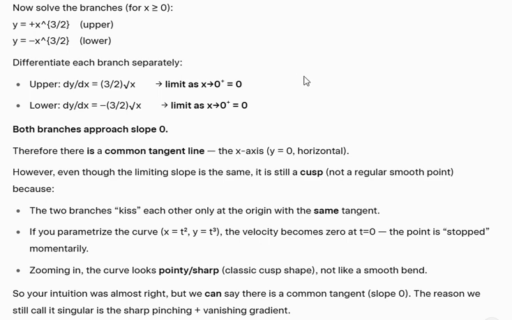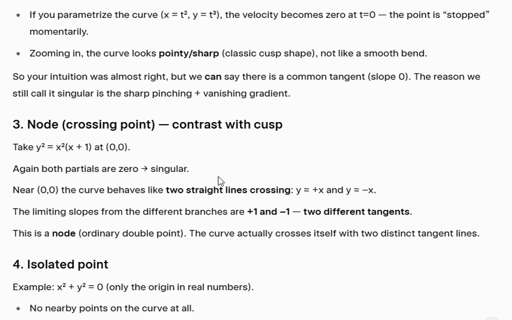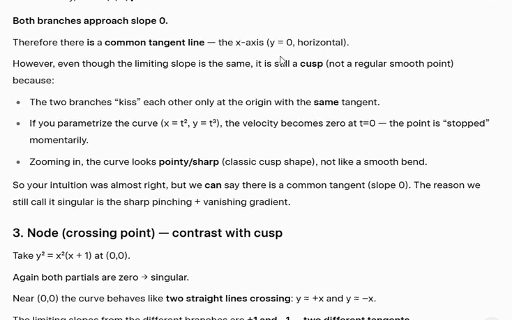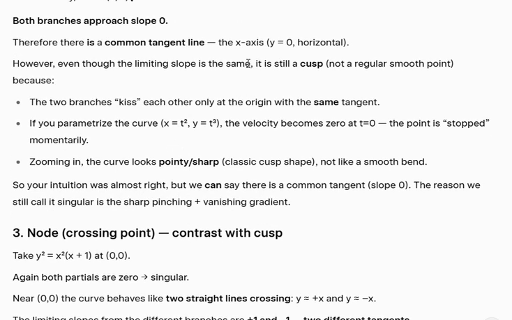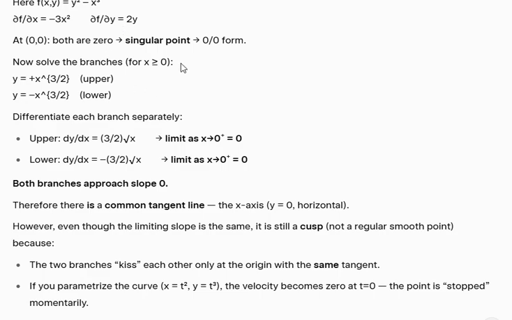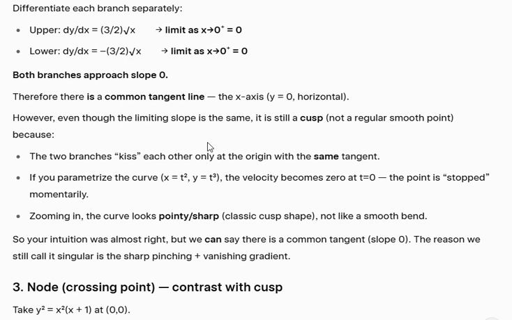The left side is going to become plus 0.00-something, the right side minus 0.00-something. Otherwise, if the partial derivative of y were 0, you could say directly that it is exactly equal to 0. But here we are approaching 0 like this, therefore the only possibility is that dy by dx is in the 0 by 0 form in that case.